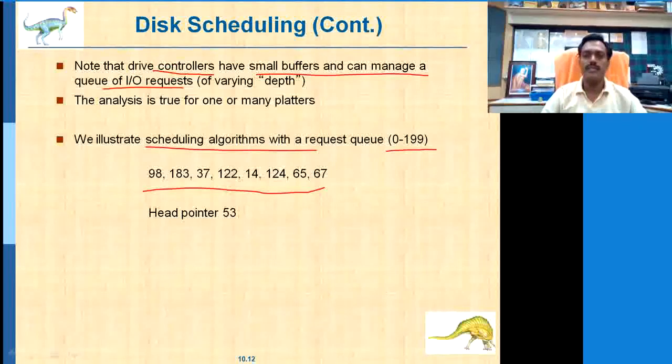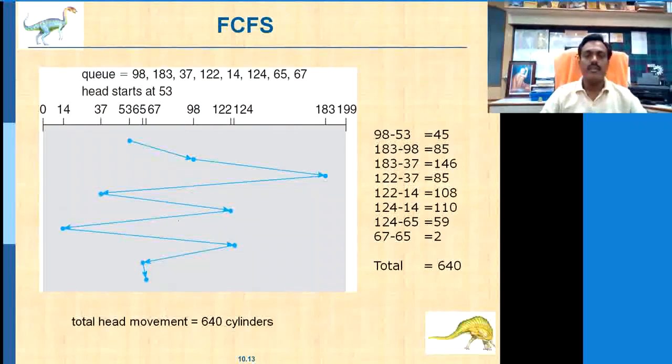The cylinders are numbered 0 to 199. Initially the read head is pointing at 53. Now this is the FCFS scheduling algorithm and the queue is given over here.